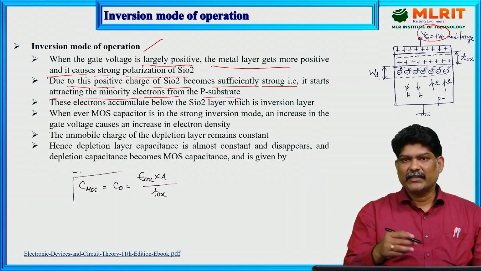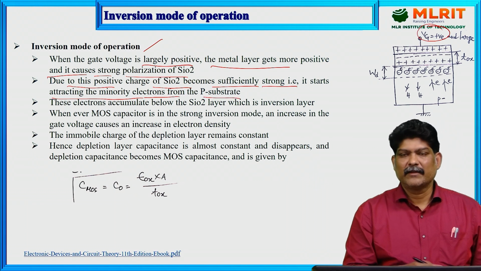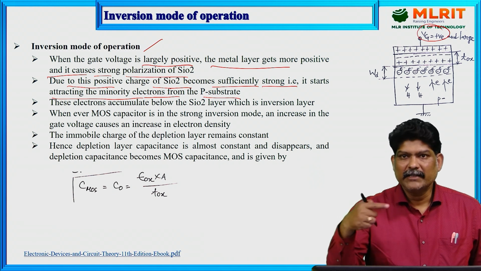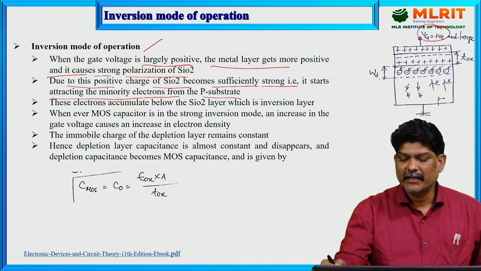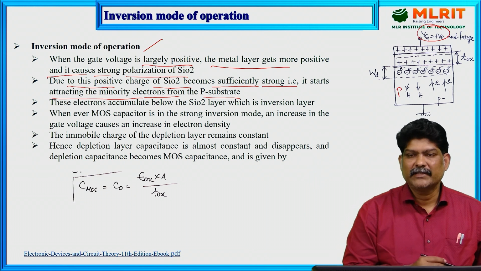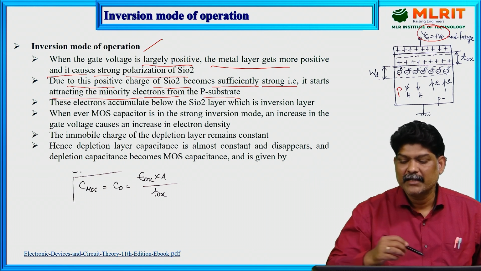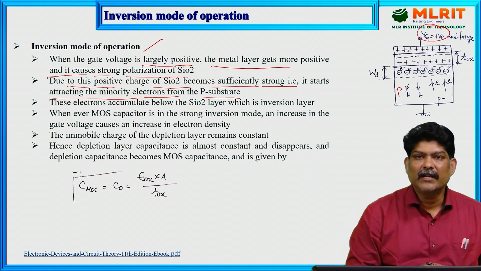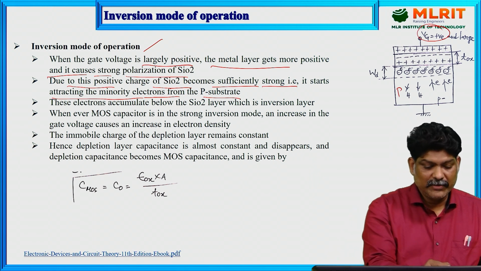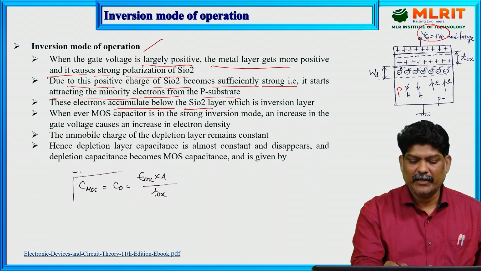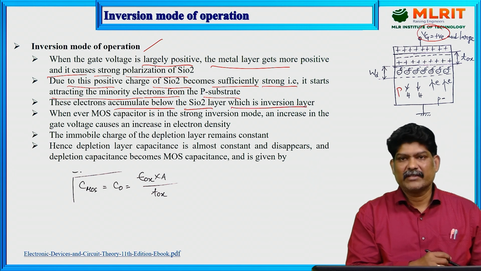In this P substrate, electrons are minority charge carriers, and they are attracted towards the oxide layer. These electrons accumulate under the SiO2 layer, which is called the inversion layer.